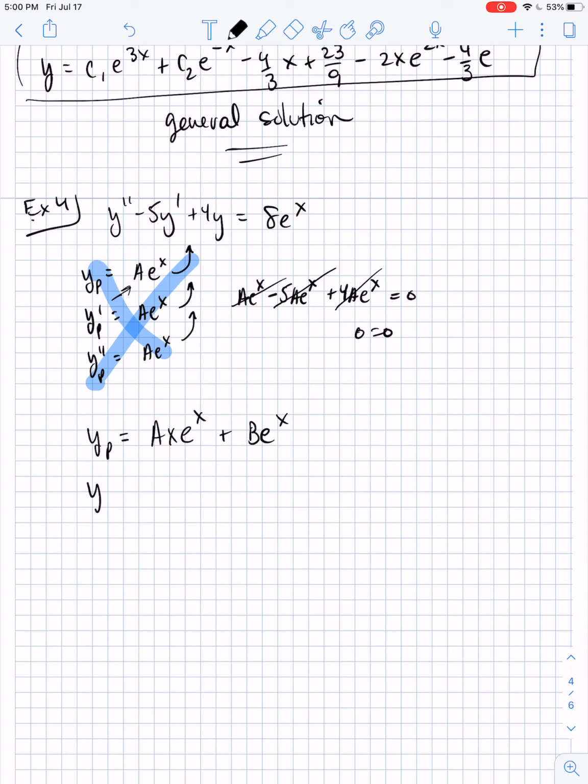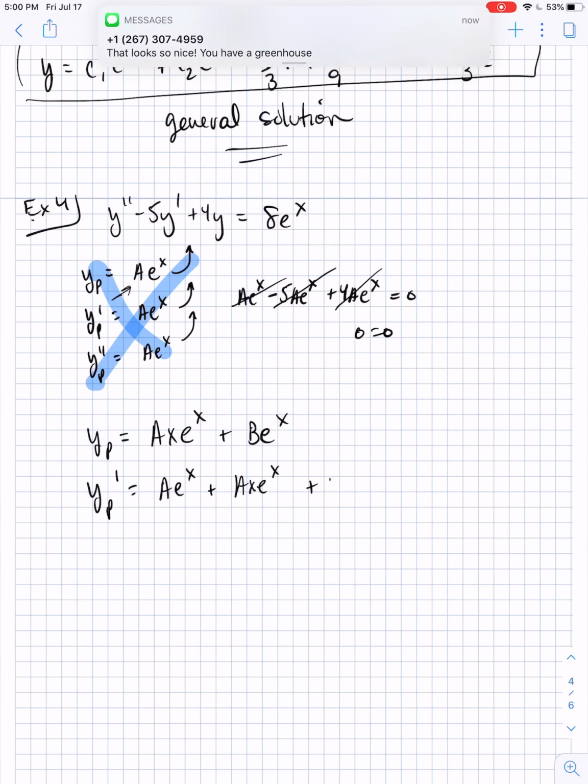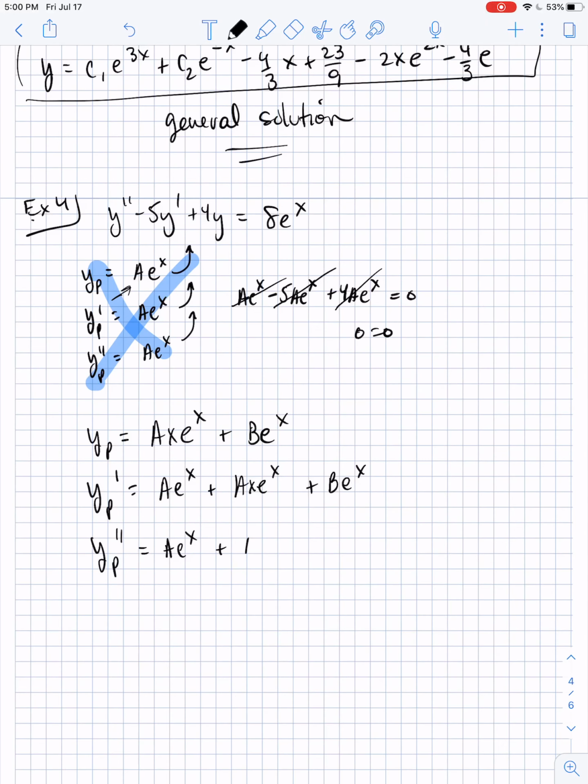And now when you do your derivatives, you'll have a e to the x plus ax e to the x, and then plus b e to the x. Second derivative, a e to the x plus an a e to the x plus ax e to the x, and then plus b e to the x. So we could simplify this to 2a e to the x plus ax e to the x plus b e to the x.